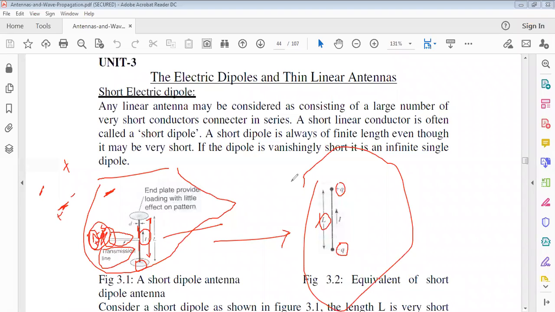Because of the high frequency, during the negative half cycle positive is attracted, during the positive half cycle negative is attracted. Same polarities repel: negative repels negative and positive attracts negative. Already you know those points. That's why the equivalent circuit is represented like this.